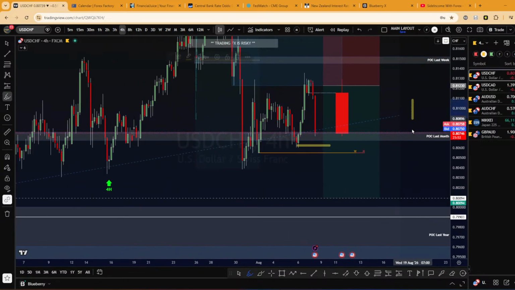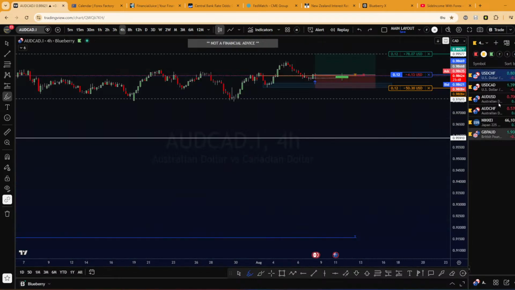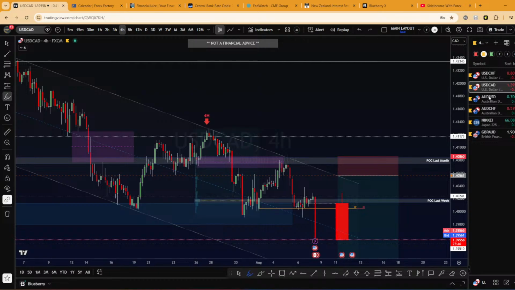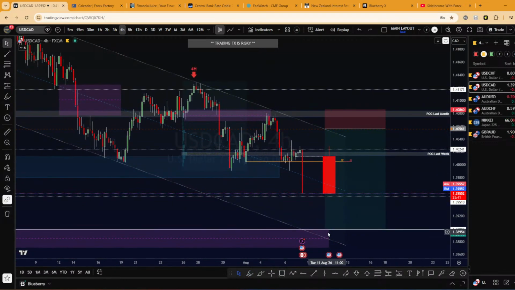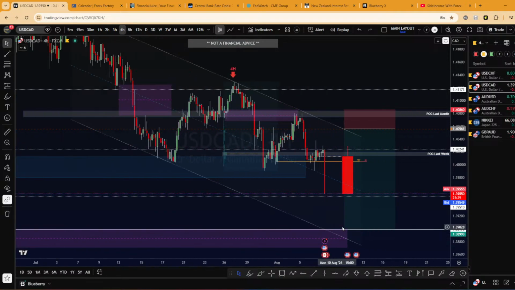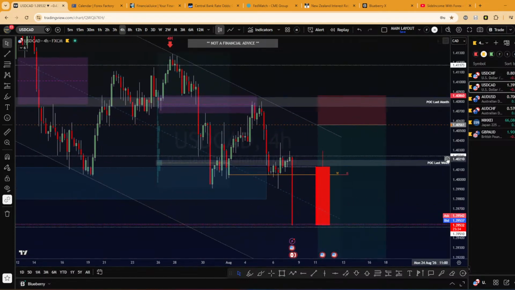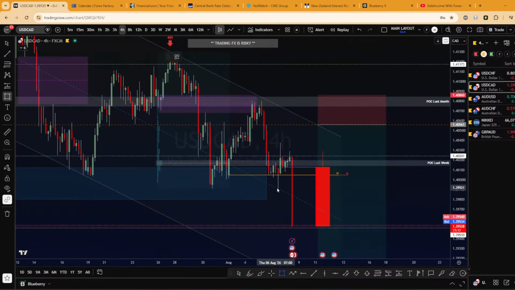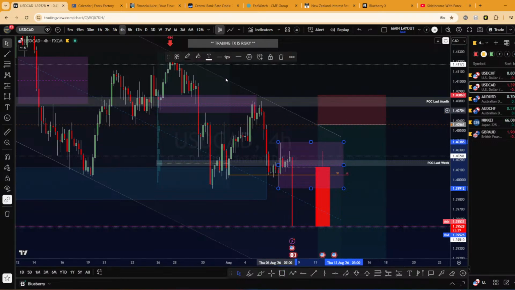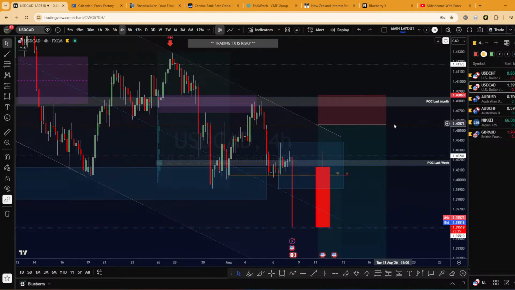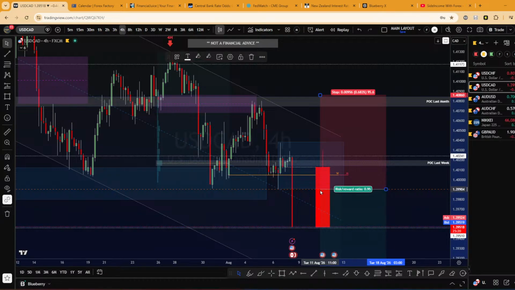I think we could get some opportunities. But USDCAD, we are not reached yet because I want to target this low. So let's see. I want to put my limit order right there.